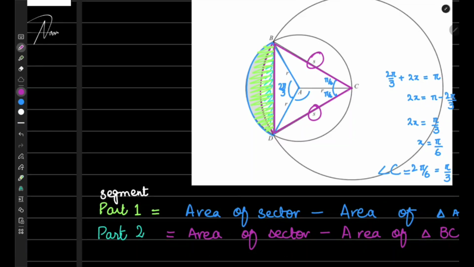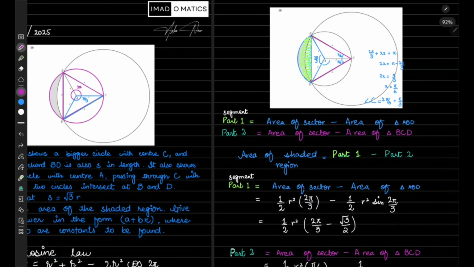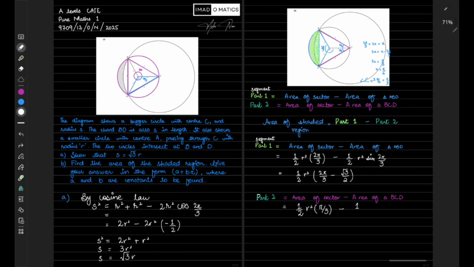Half AB sine of pi by 3. Okay, so half S square sine of pi by 3.